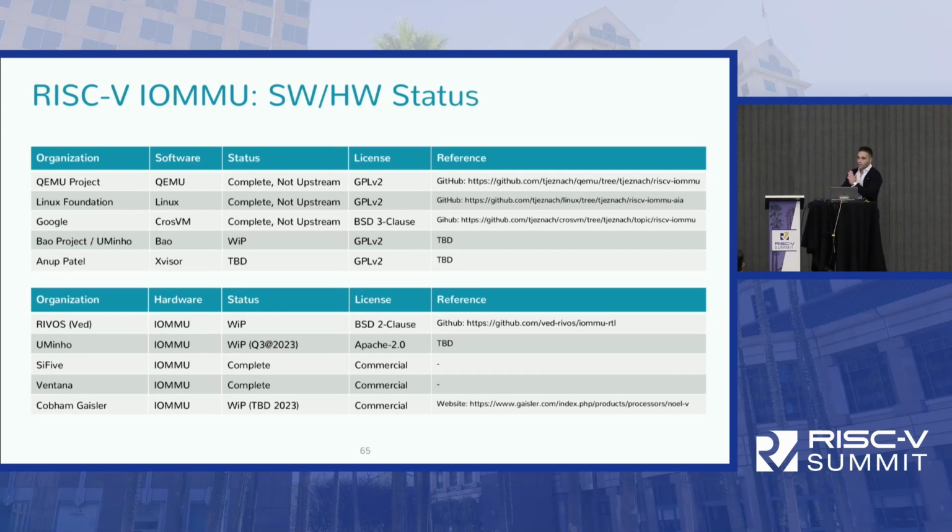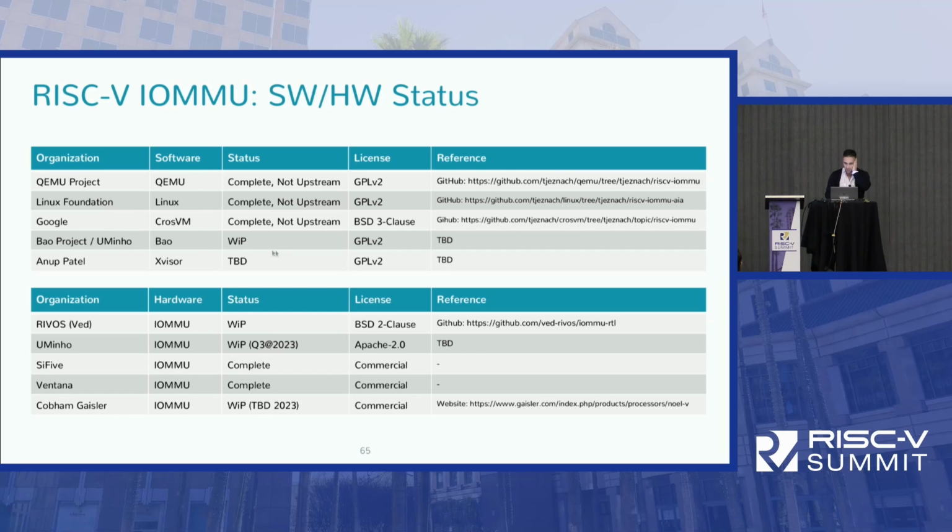Well, in terms of software and hardware status, as I was saying, my impression is that it lags a little bit behind the AIA. There is a proof of concept with IOMMU support in Linux, but they are not upstream. I will show a demo prepared by Thomas from Rivos, where we run crosvm to run one Linux guest operating system with this support for the IOMMU and pass-through access to a specific device.